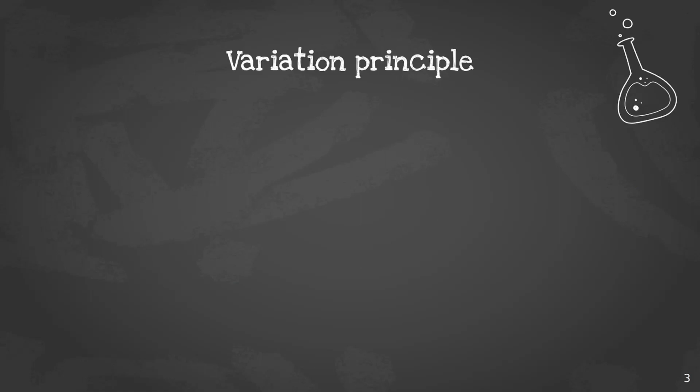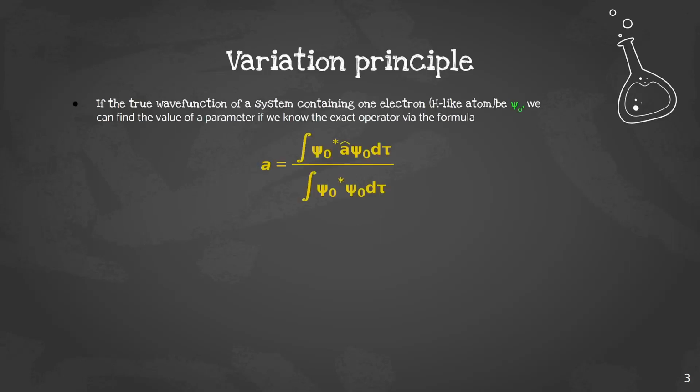Now, in basic quantum mechanics, the problem starts with a system with one electron, let's say what we generally call an H-like atom.